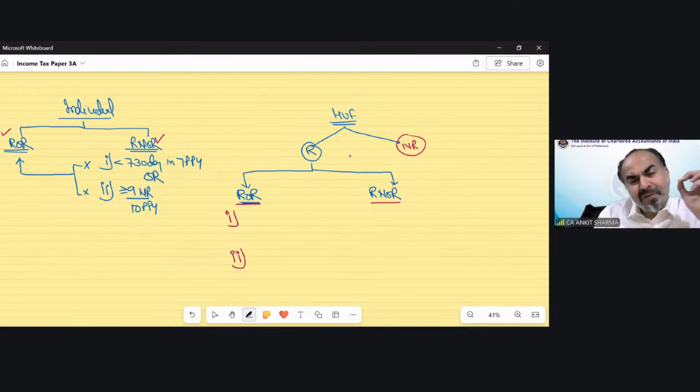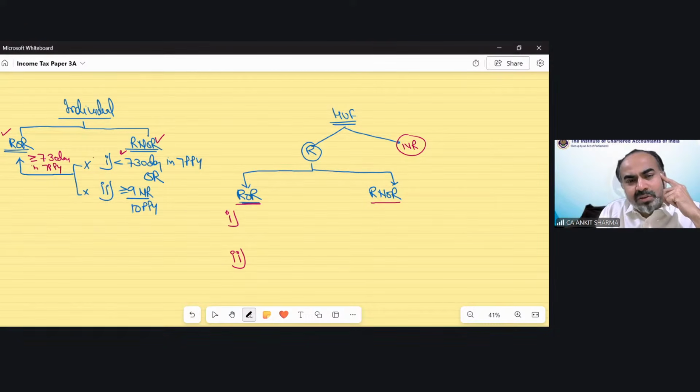Now I'm writing down something, and you have to judge whether it is correct or incorrect. For the individual, the condition to become a resident and not ordinary resident is that you should be less than 730 days in the 7 preceding previous years. If I want to write down when this condition is not satisfied, can I write it in reverse like this: if the individual is more than or equal to 730 days in the 7 PPY?